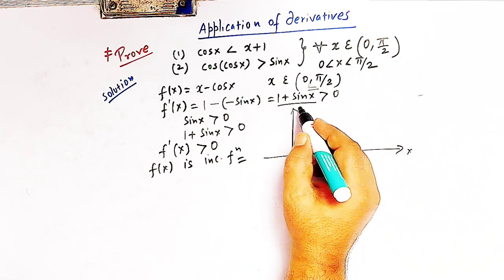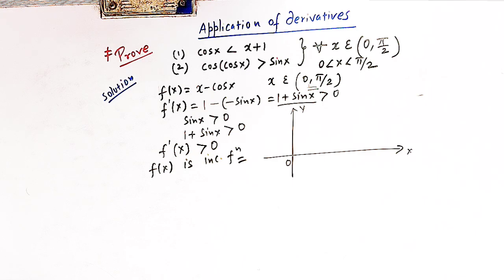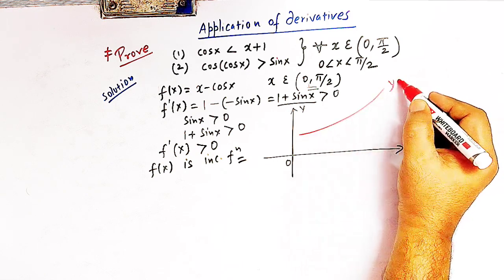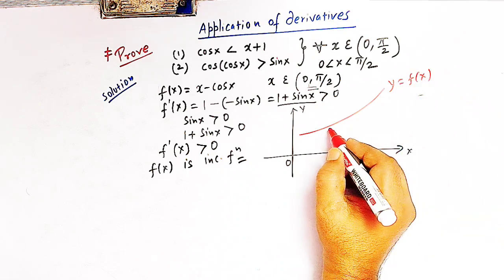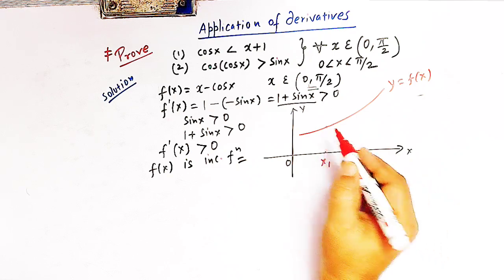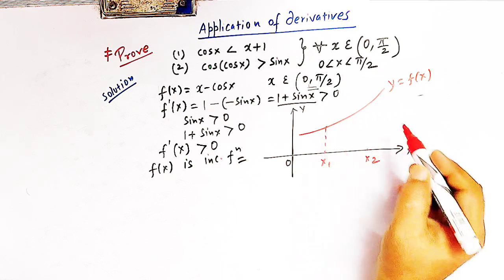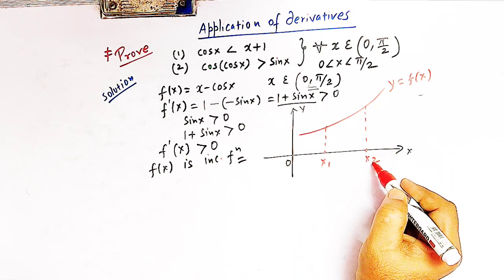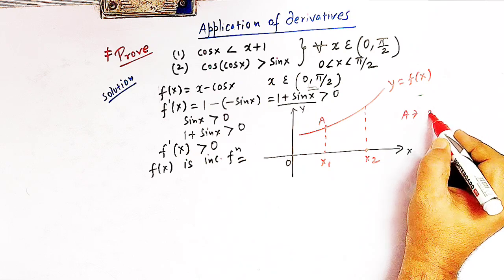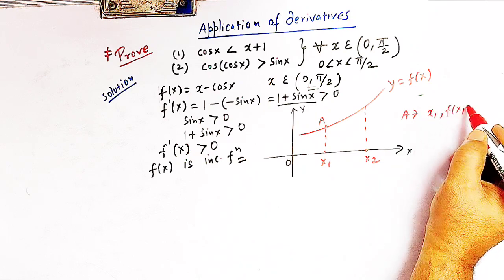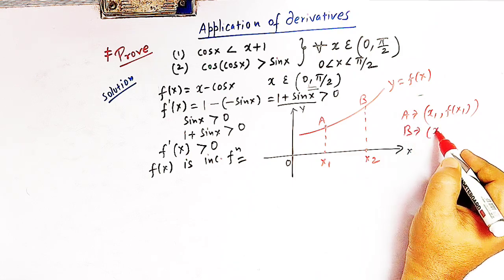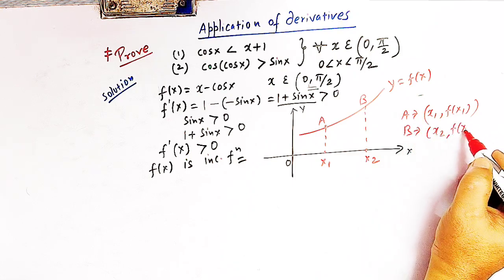Here we have the axes, and let us take an increasing function, say y is equal to f of x, and two points x1 and x2 on this curve. Point A has coordinates x1 comma f of x1, and point B has coordinates x2 comma f of x2.